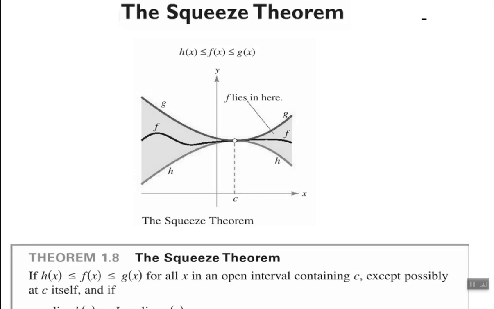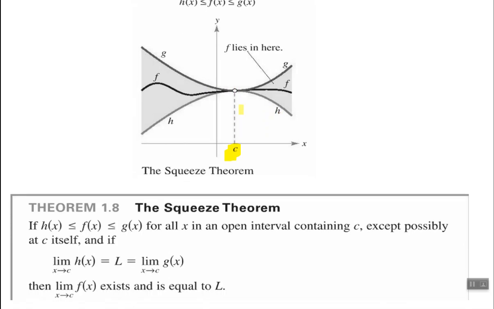So f of x is here in between. This g of x function is bigger, is on top, and the h of x function is on the bottom. So as x approaches c right here, if g of x and h of x have the same limit as x approaches c, then it only makes sense, since they're squeezing, f is in the middle, that f of x will also have the same limit as x approaches c.